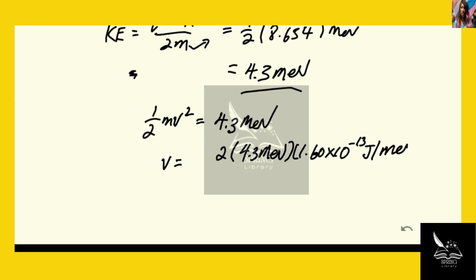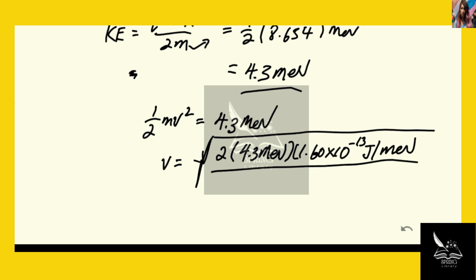The mass in this case is 2 times the mass of a neutron or proton, and the speed we get would be 2.0 times 10 to the power of 7 meters per second, which is the same speed as our alpha particle.